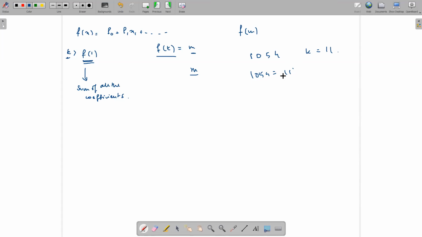You don't have to write it like 11 square into something and so on. It's much simpler. Yes, Ryan. Sir, we just divide the number by 11 and take the remainder alone, then divide the quotient again by 11 and we keep doing that. Yes, that is correct.